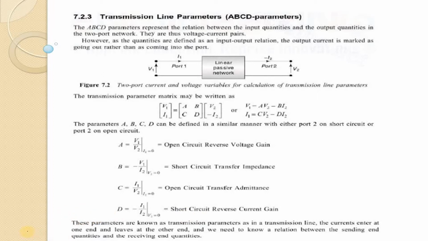That means ABCD parameters are basically a combination of voltage and current pairs. However, as the quantities are defined as an input-output relation, the output current is marked as going out rather than as coming into the port.